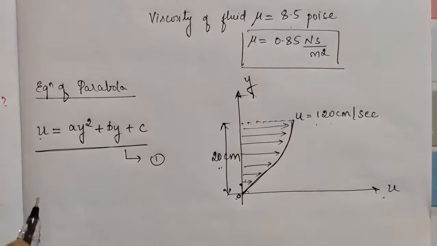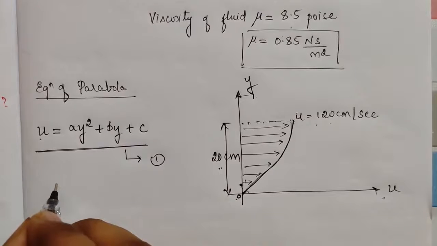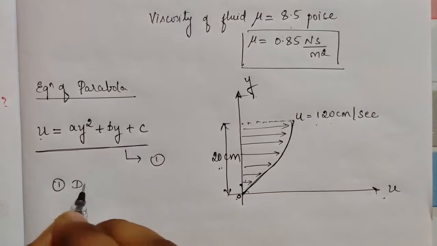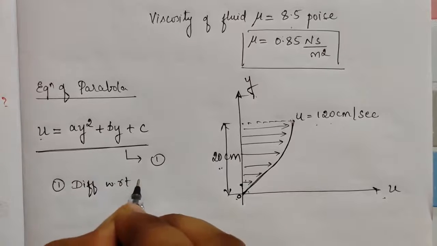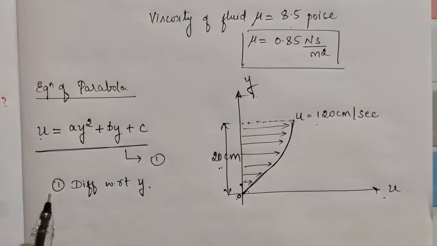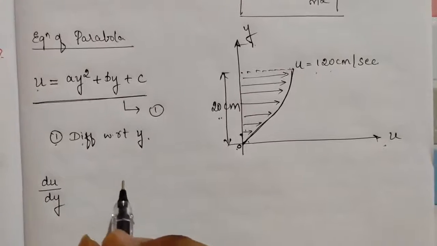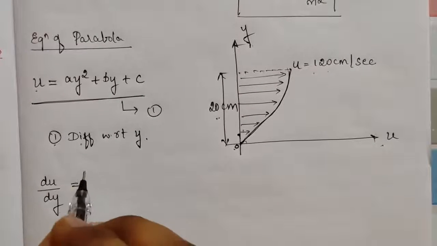Whenever the velocity comes, I'll use this equation. Now I'll differentiate equation 1 with respect to y. So I'll get du by dy, the velocity gradient or change in velocity.